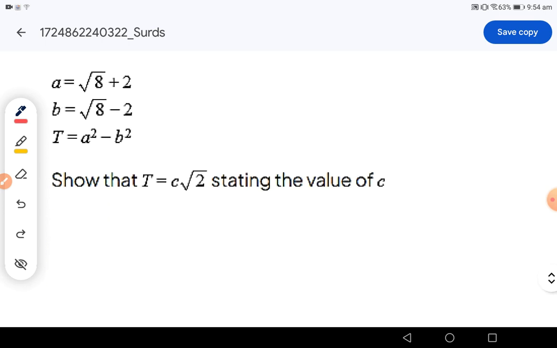A equals root 8 plus 2, B equals root 8 minus 2, T equals A square minus B square. Show that T equals C root 2.